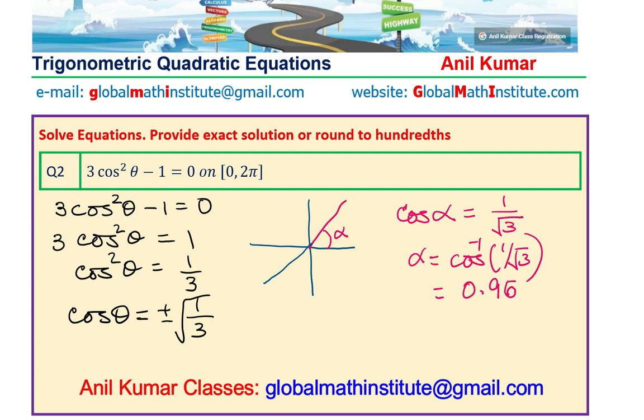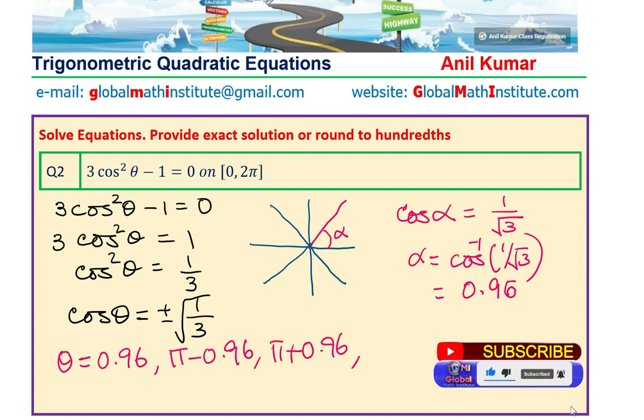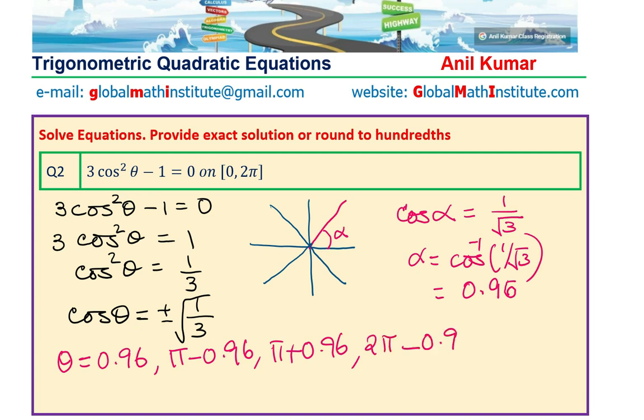So theta is the related acute angle 0.96, then pi minus 0.96, pi plus 0.96, and also 2 pi minus 0.96. You get the idea, right?